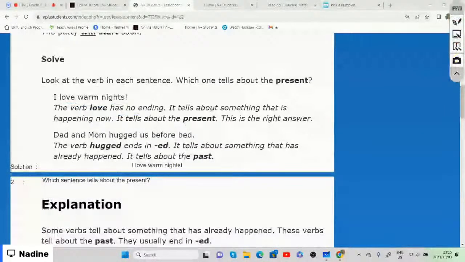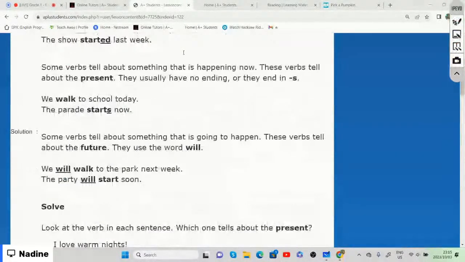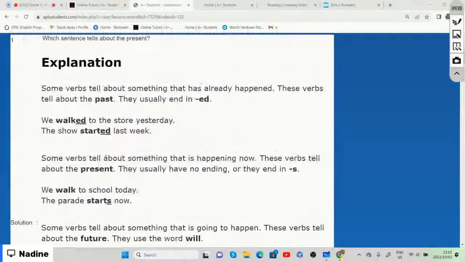Before we go on to the next sentence, I think we're going to just have to go over the past as well as the future. So some verbs also tell us about something that happened already, or that has happened already. And these verbs tell us about the past.